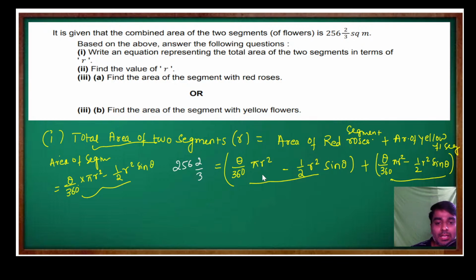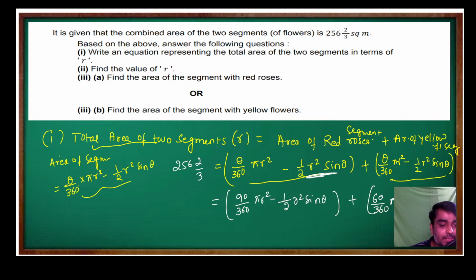Write this side. Now substitute the angles. This is 90, so 90 by 360 pi r square, minus, you keep this part as it is, half r square sine theta, plus here 60 by 360 pi r square, and this part again you keep as it is.